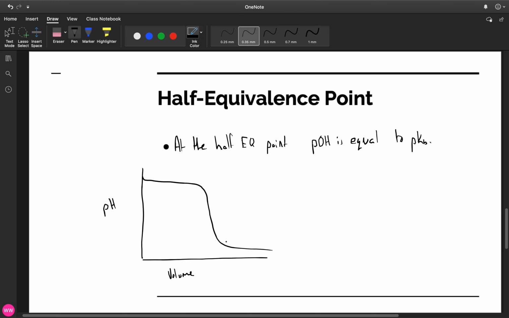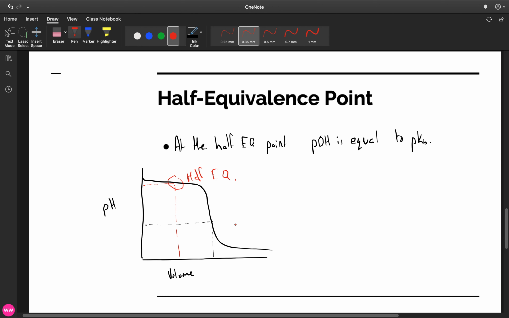Roughly right here is where the equivalence point occurs. Then half the volume would be there, and this point right here would be the half equivalence point, or halfway point.